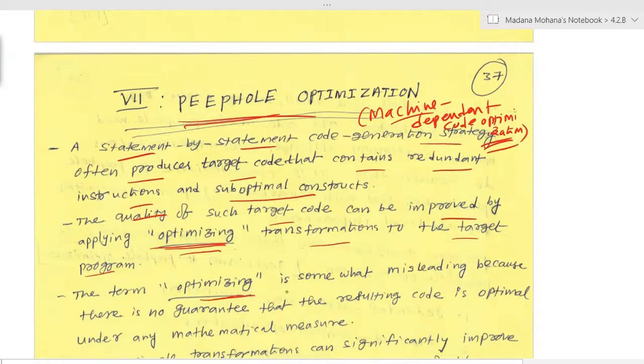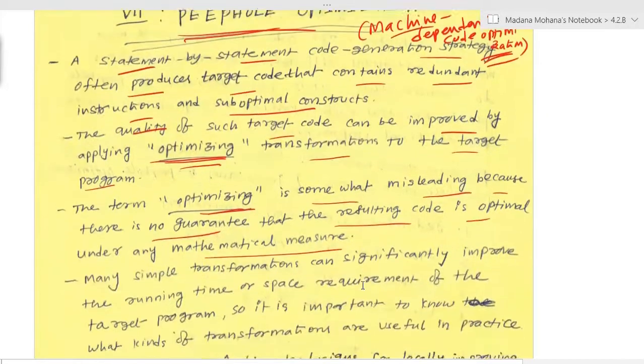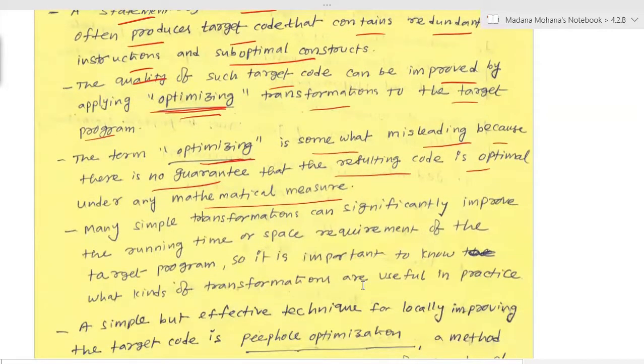The term optimizing is somewhat misleading because there is no guarantee that the resulting code is optimal under any mathematical measure. Many simple transformations can significantly improve the running time or space requirement of the target program. So it is important to know what kinds of transformations are useful in practice.